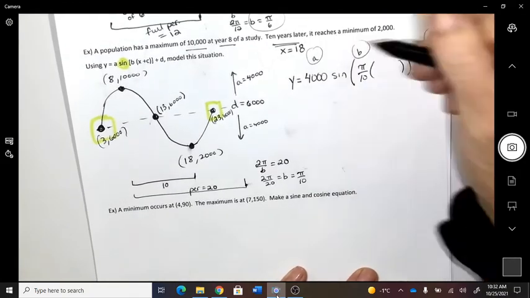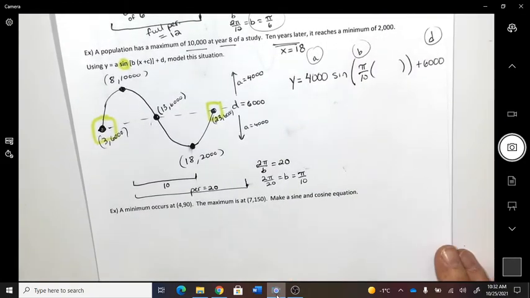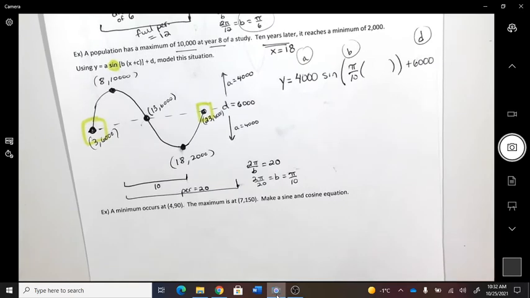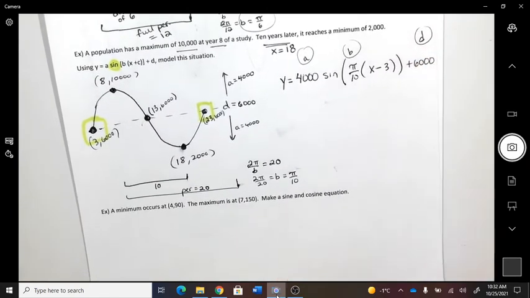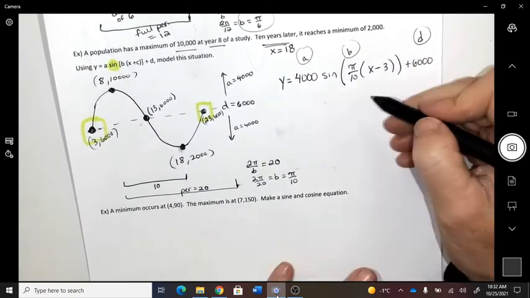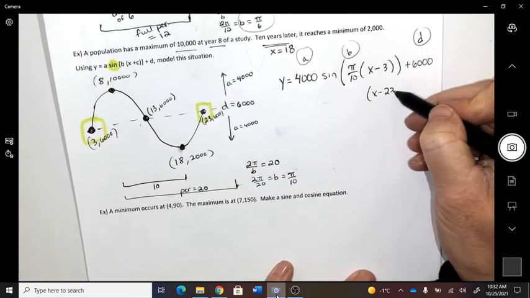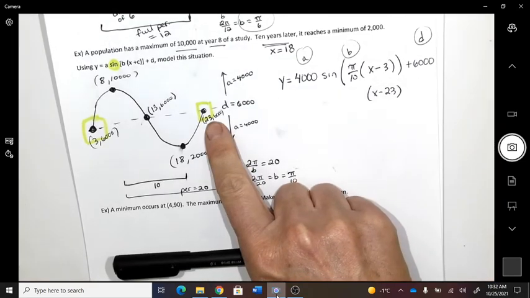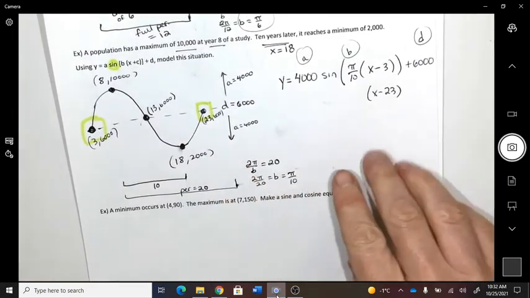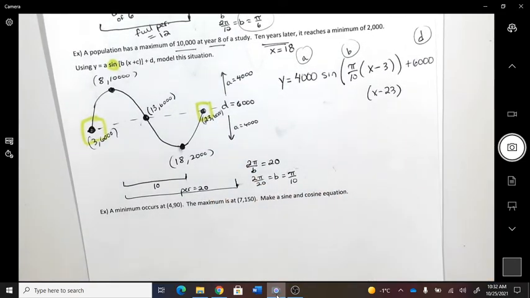Do you see all these pieces? There's the A, B, the D. Okay, so I need to start this sine curve. You could either say right 3 would have been fine. I would have also taken that, because this point is also another sine curve start. Okay, so I would take coordinates like that.